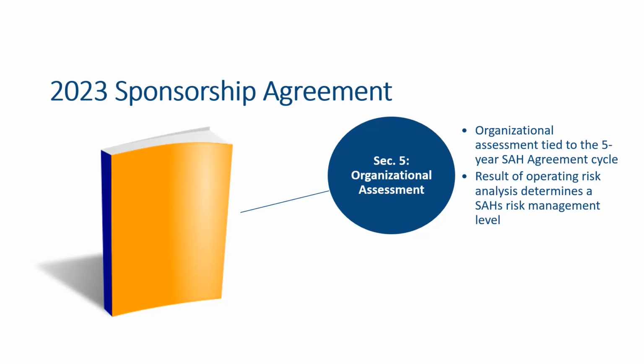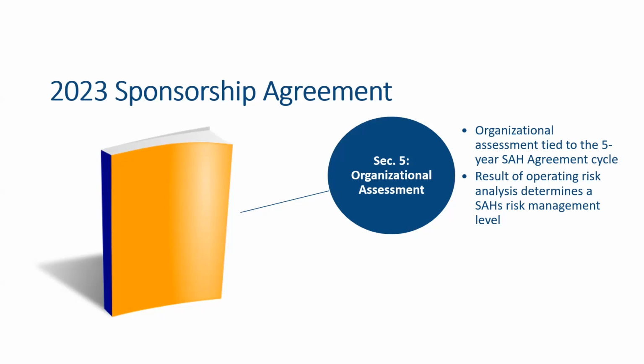So in 2027, 2028, the organizational assessment process will run again, and all SARs will have to go through that process again. And the organizational assessment process is tied to the 5-year sponsorship agreement cycle. And once you've been through that process, ISCC will also do another operating risk analysis, and you may be assigned into a new risk management plan.